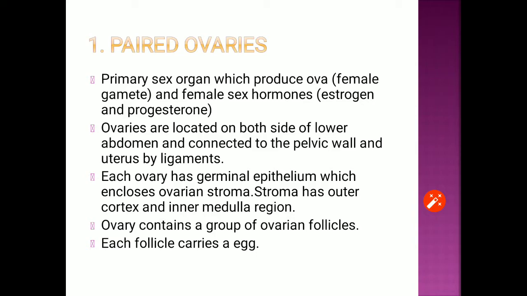Each ovary has germinal epithelium which encloses ovarian stroma. Stroma has outer cortex and the inner region of medulla. Ovary contains a group of ovarian follicles. Each follicle carries an egg.